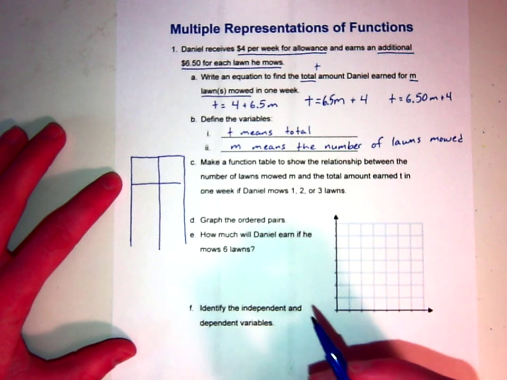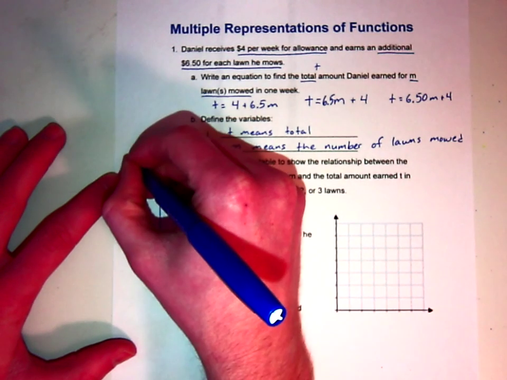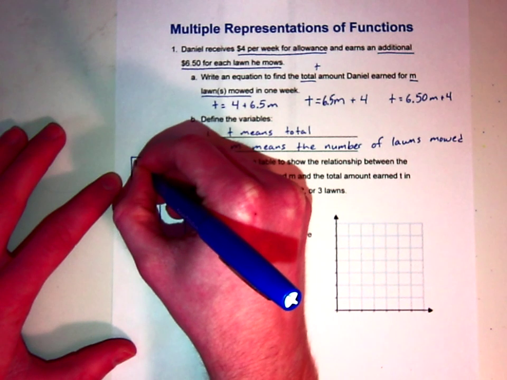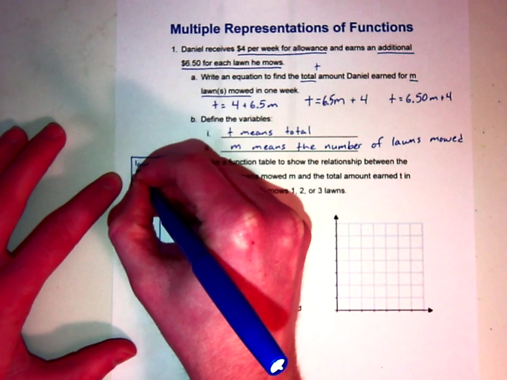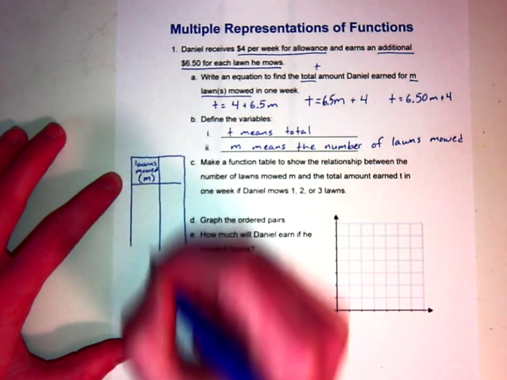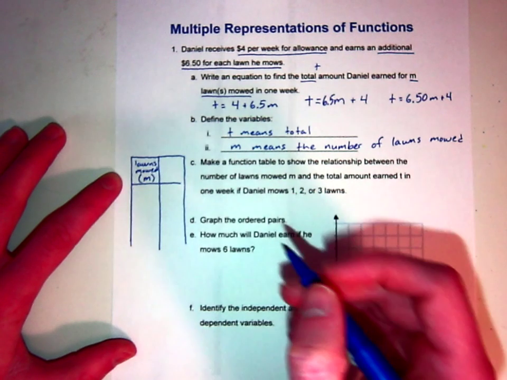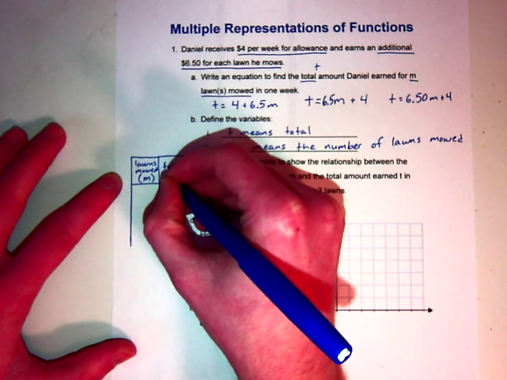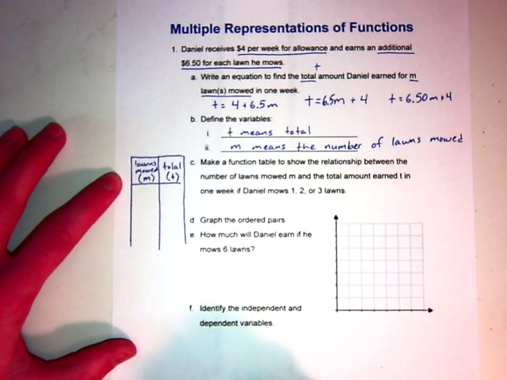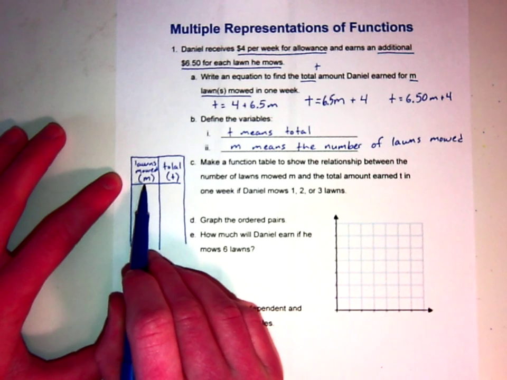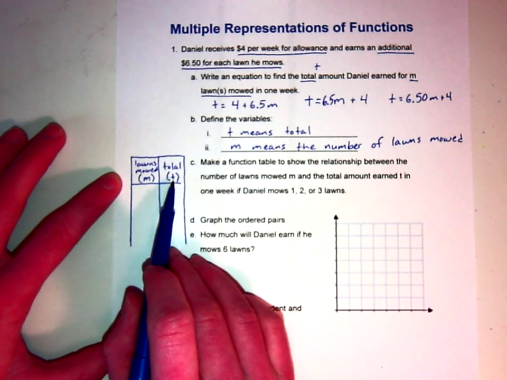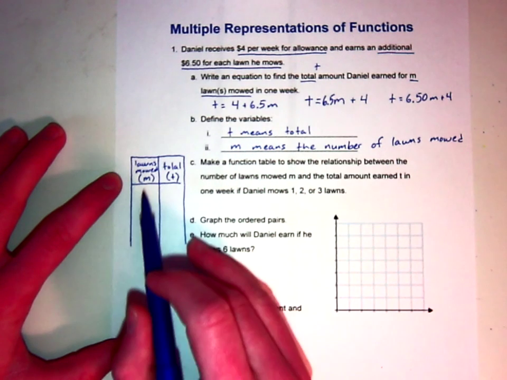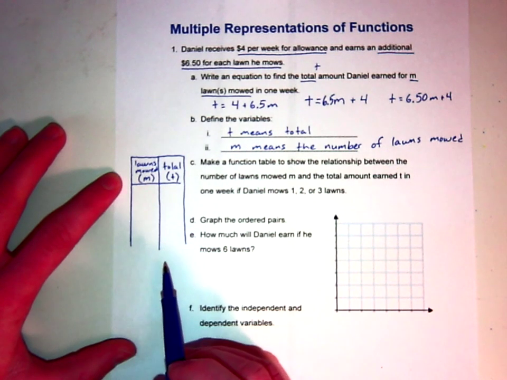My input would be lawns mowed, represented by M, and the output is the total, represented by the variable T. A lot of times that will be represented by X and Y, but X would normally be in this spot and Y in that spot, so it makes sense that those are our inputs and outputs.